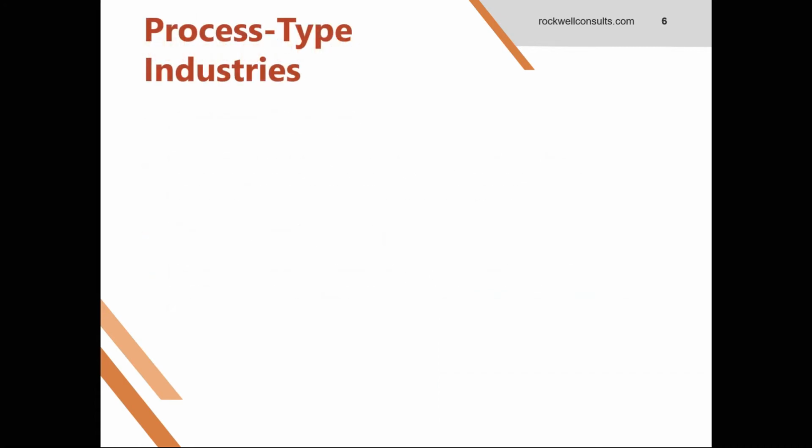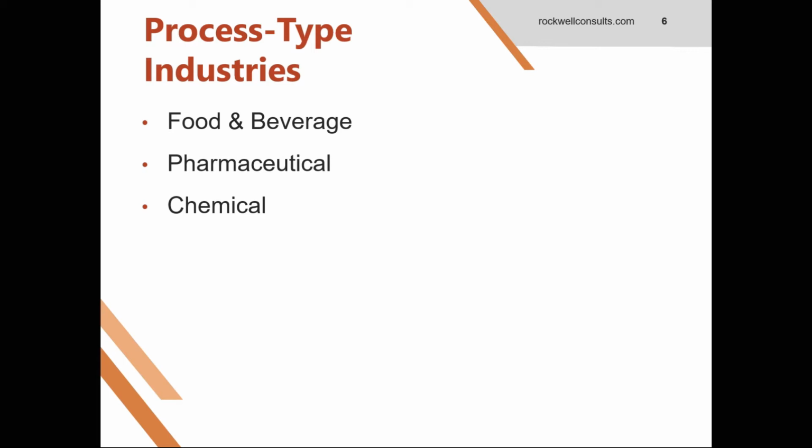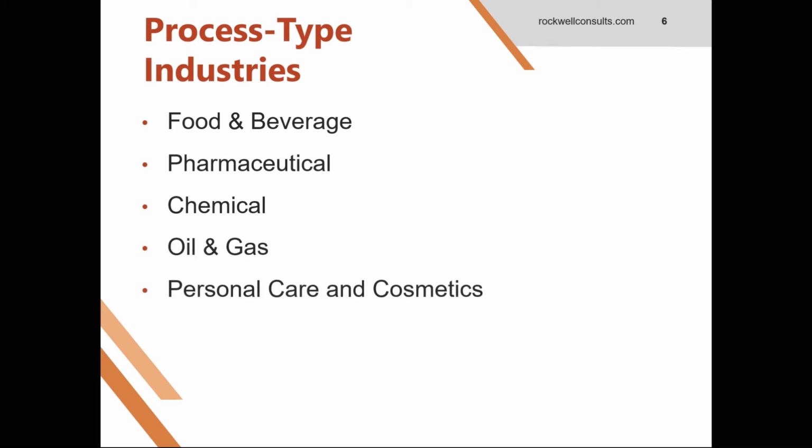Many of the industries that utilize this method of manufacturing are food and beverage, pharmaceutical, chemical, oil and gas, personal care and cosmetics, paints, laminates, adhesives, and other products, or a combination of products that require some formula to create.